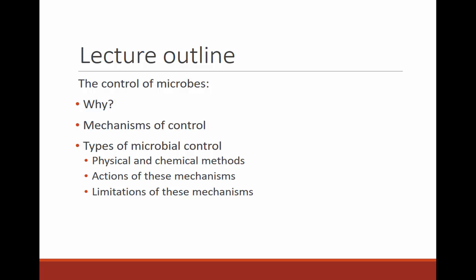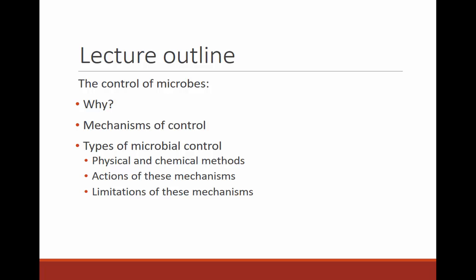Okay, hopefully by now you've recognized the population of microbes that are found in and on us and in our environment. Typically we need to control those particular microbes that can be pathogenic, and we might also want to control particular microbes, say in a food industry, that might be spoilage organisms.